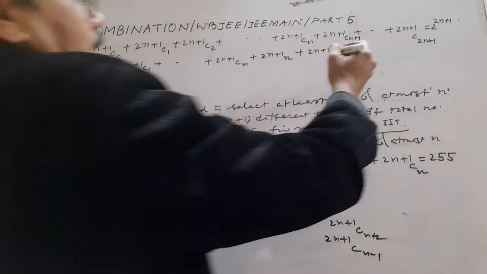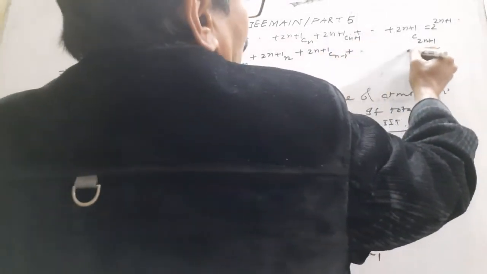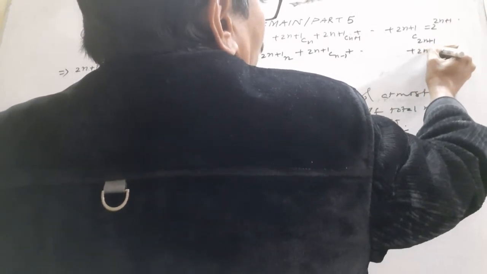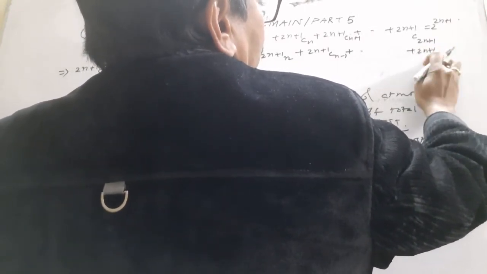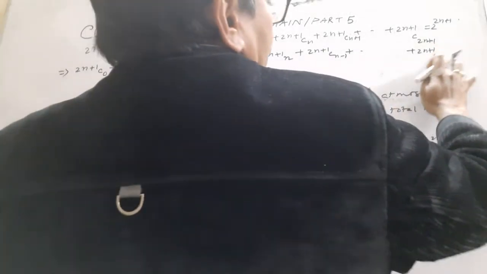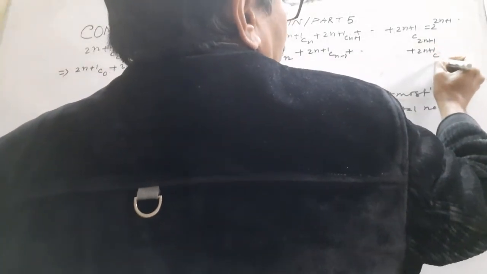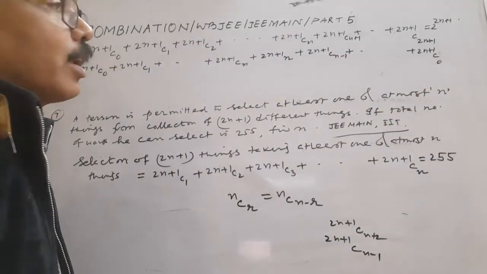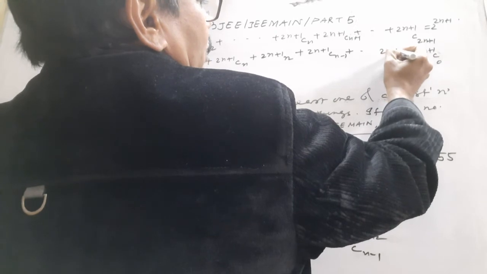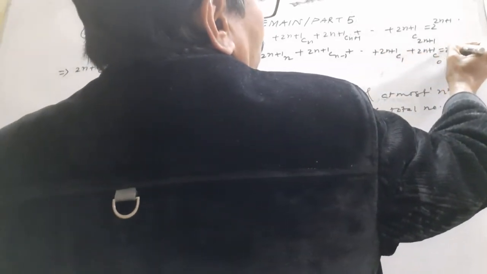And finally the last one will be 2n plus 1 C0. The sum of all of this equals 2 to the power 2n plus 1.